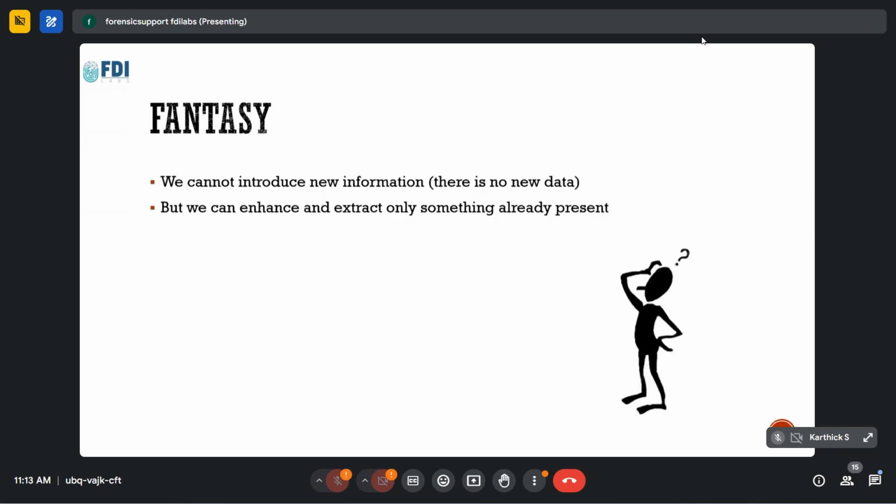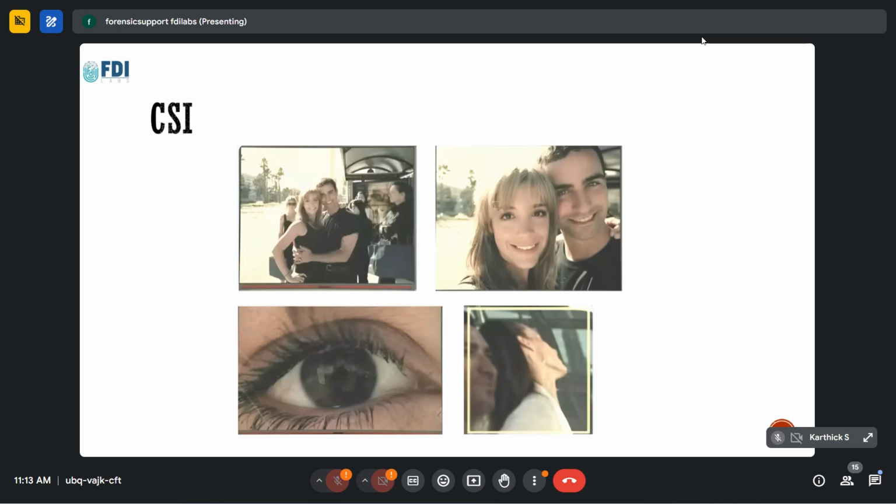And yes, so I told you about fantasy and fiction. How do fantasy and fiction evolve in multimedia forensics? For example, I showed you this particular image from the show CSI. This shows the fantasy topic.